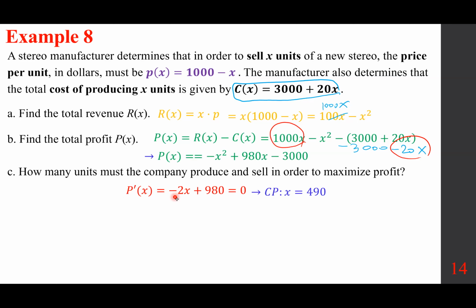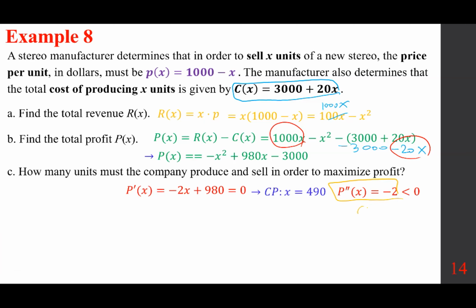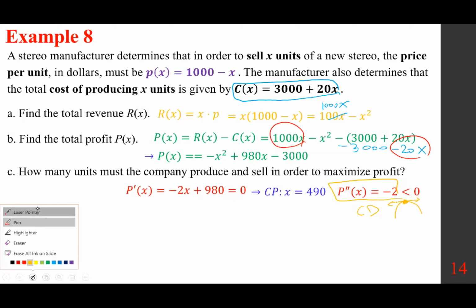P double prime is -2, which is negative. And that means it's concave down. In that vicinity, looking like that, gives us the maximum.